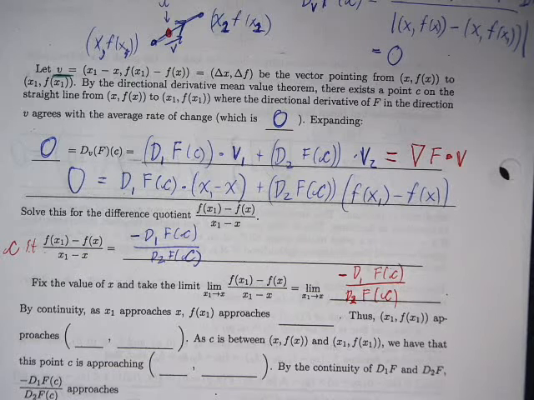As x1 approaches x, f of x1 approaches f of x. So then, that point c, what should that point c be getting close to? x or x1 or both? Well, it can't be getting close to x1 because this is a point in R2, that's a point in R1. It should be getting close to x comma f of x.